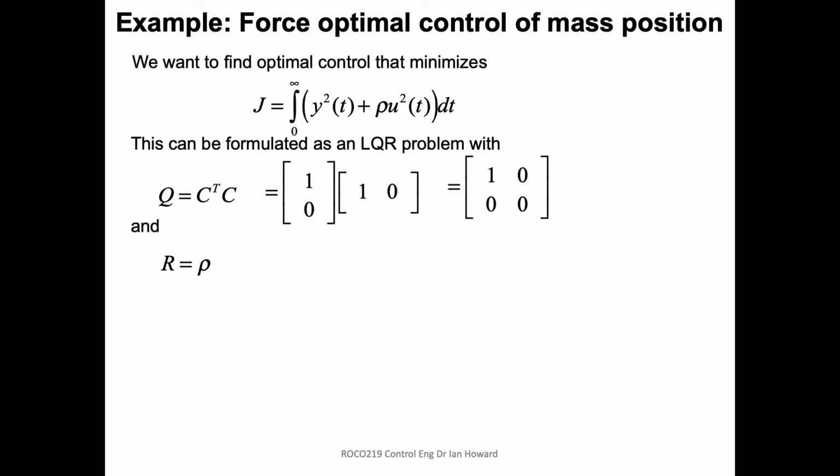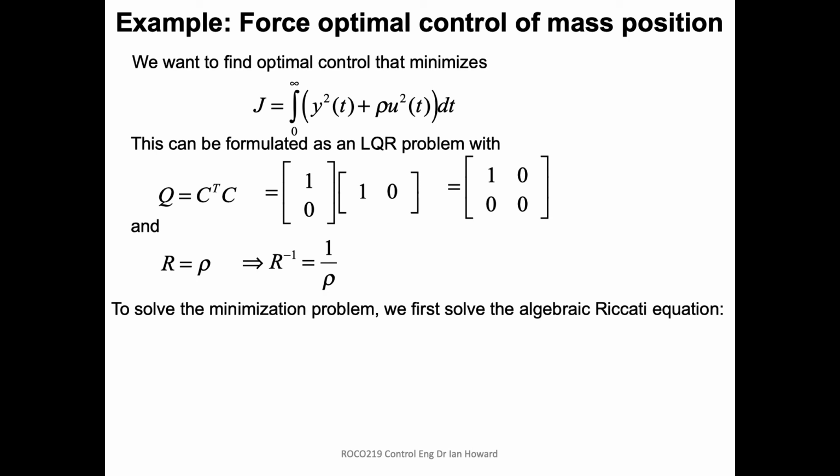The R term would be a matrix if we were doing it in a high dimensional system, but it's basically a 1-by-1 matrix, and that's rho, the penalizing factor on the control. So the inverse of a 1-by-1 matrix is 1 divided by the value, so R to the minus 1 equals 1 divided by rho.